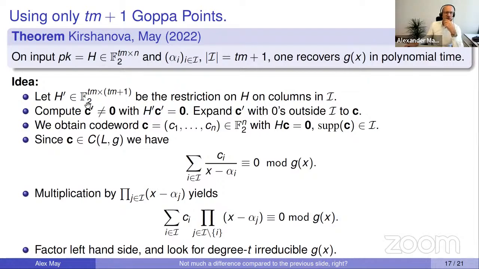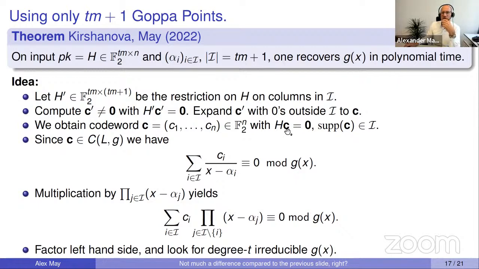And if I look at the right kernel of this matrix, then it has tm plus 1 columns, but these are only of dimension tm. So they are linearly dependent, so the kernel is non-trivial. So I can compute a c', which is not 0, which lies in the right kernel of this matrix. And then I can expand the c' with zeros in all the other positions that I haven't looked at. And then I get a code word again that satisfies this equation.